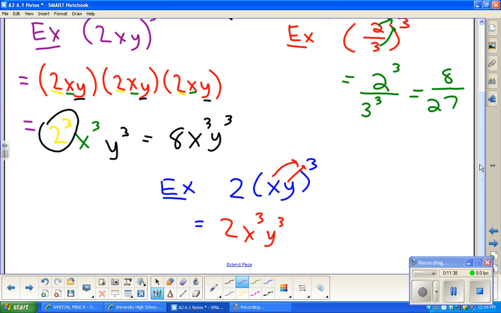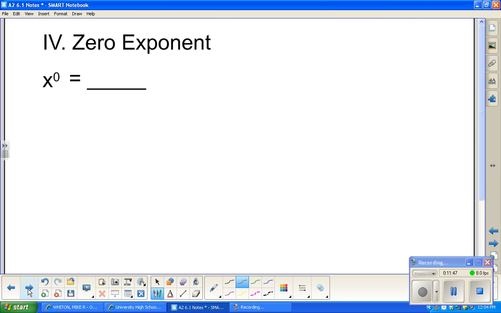Okay. Now, these other rules are the last two. Sometimes you have 0 as an exponent, and sometimes you can have a negative exponent. We need to know how to handle those. Anybody know what you get if you take a number to the 0 power, or if you have a calculator handy?